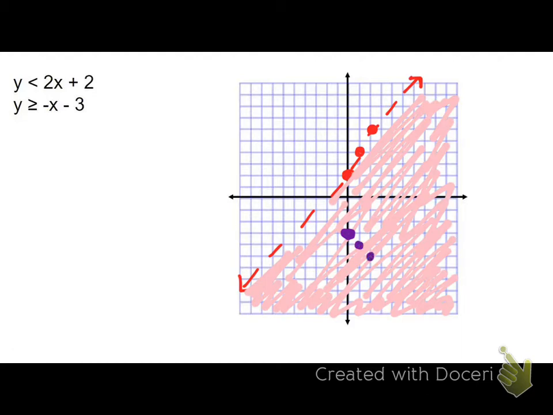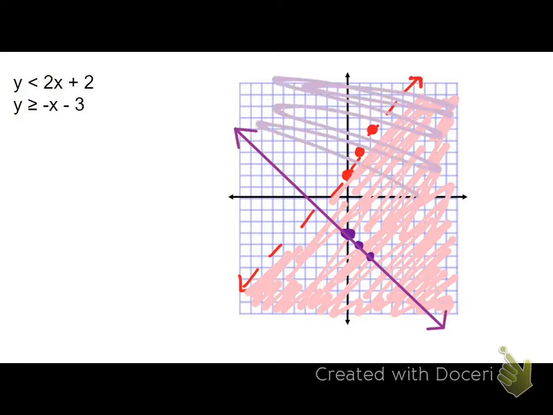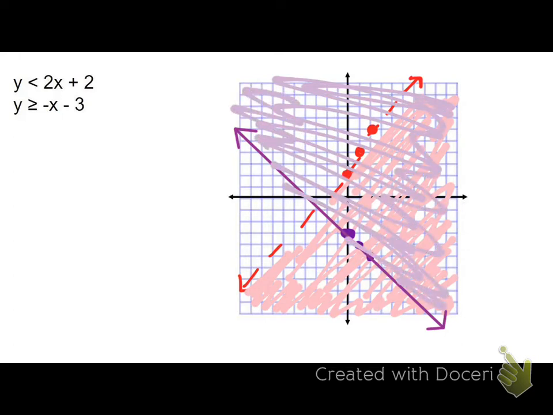And what kind of line am I going to have for this one? Solid, right? And based on my sign, somebody already answered that question for me, I'm going to shade above. So my solution is where the 2 regions overlap one another.